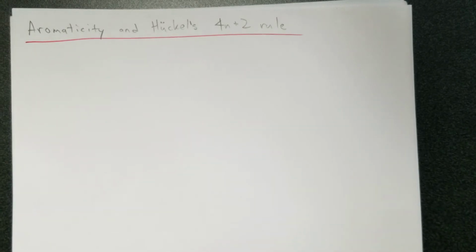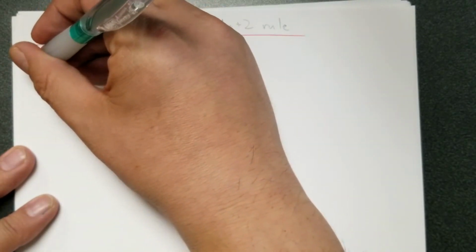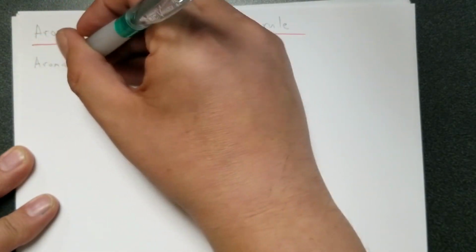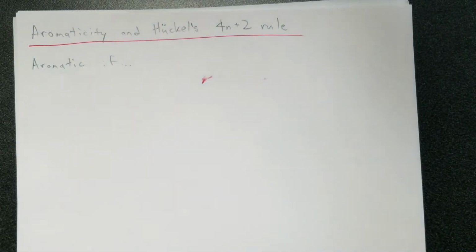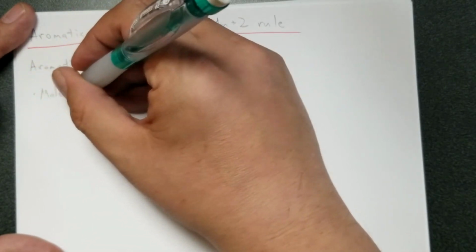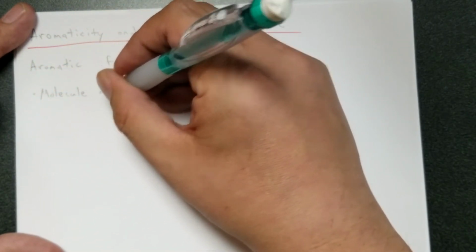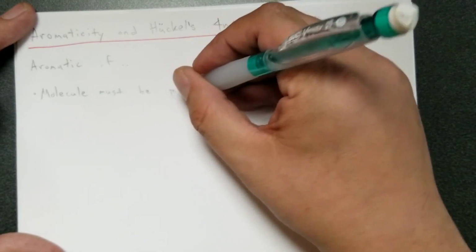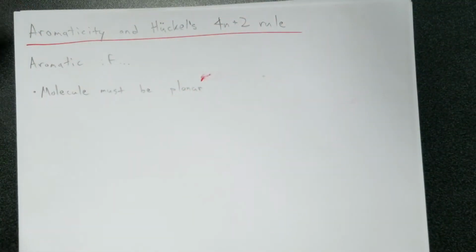All right, so the conditions for a compound to be aromatic: we say that it's aromatic if all the criteria are met here. The molecule must be planar. This is the first one. If you think back to what we did last time, if the molecule is planar, that allows all the pi bonds or all the pi orbitals to be in conjugation.